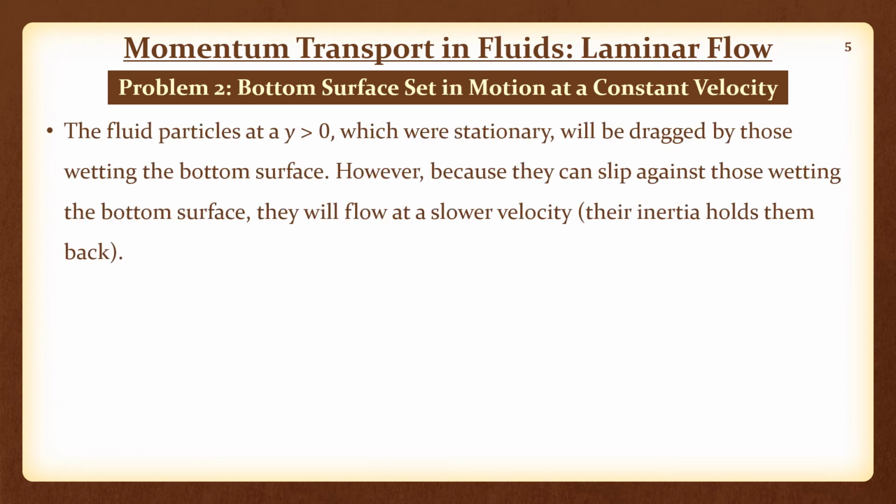The fluid particles at any value of y greater than 0, of course less than b, which were stationary, now will be dragged by those particles that are wetting the bottom surface.